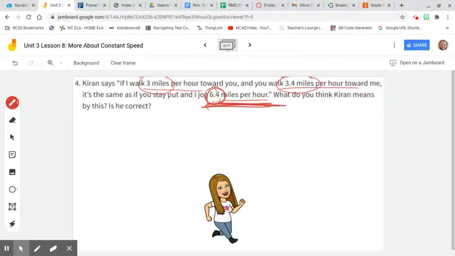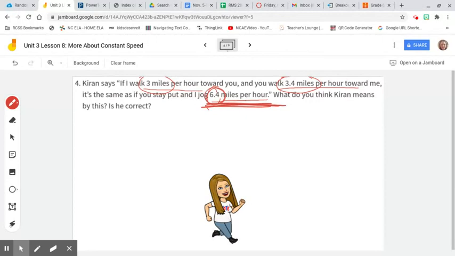So it's just like if you were in a race and one person's at one end of the track and you're at the other end. If one is going towards you at 3 miles an hour, and your opponent is coming towards you at 3.4 miles per hour, you're going to meet at some point.